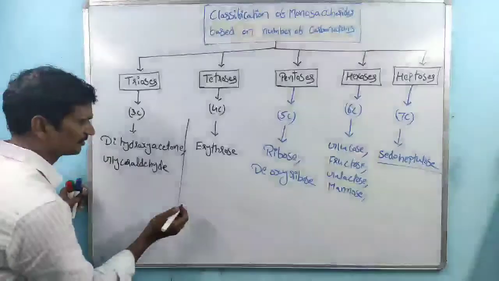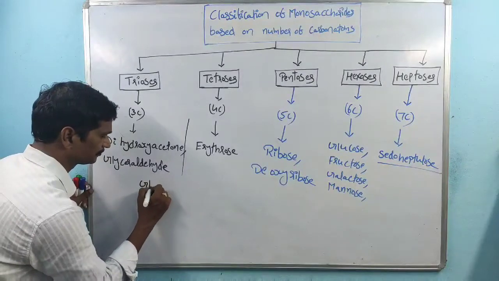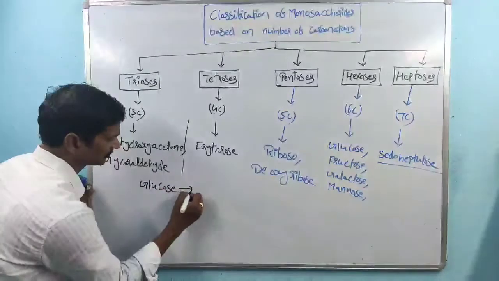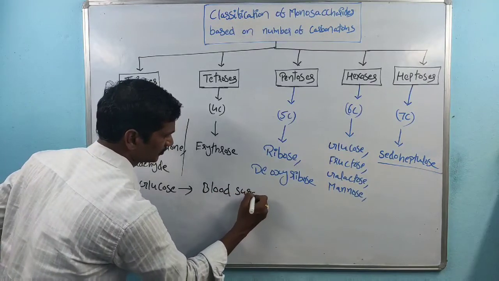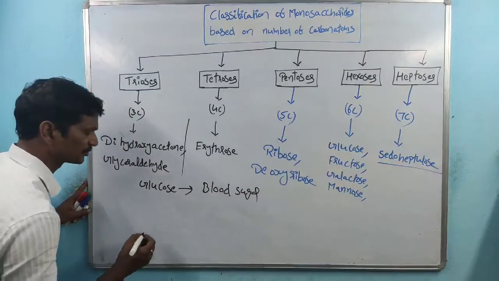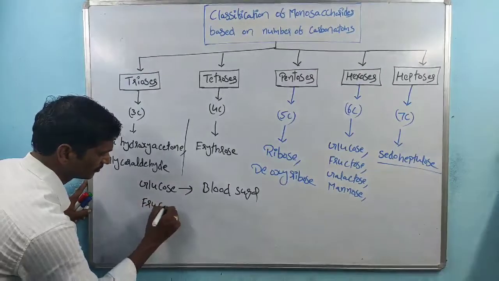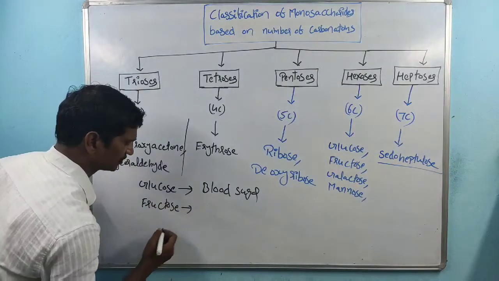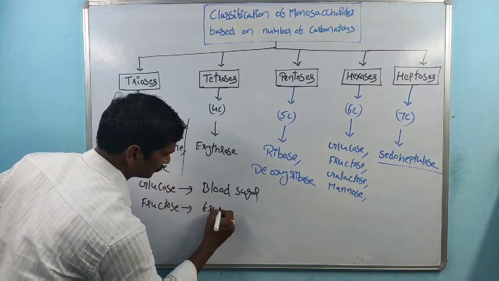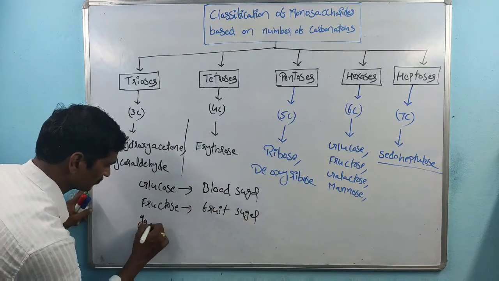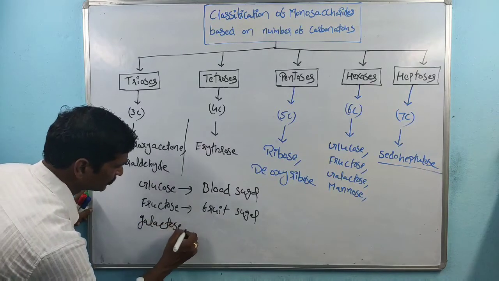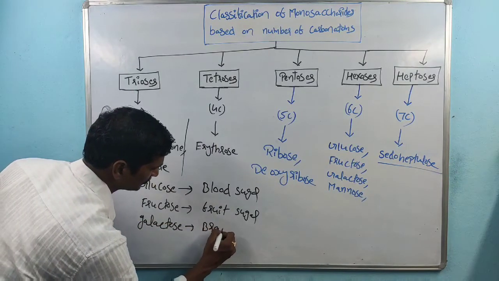Remember, some common names are given for these sugars. Glucose is also called blood sugar. Fructose is called fruit sugar. Galactose is called brain sugar.